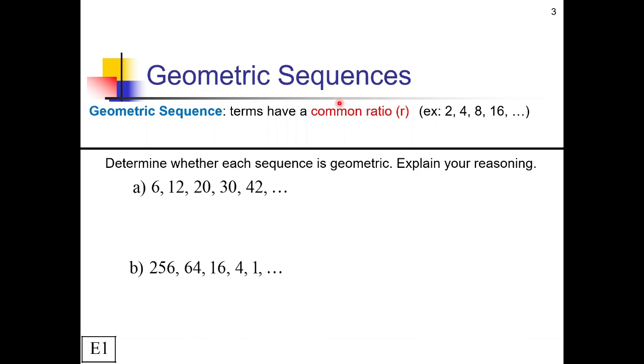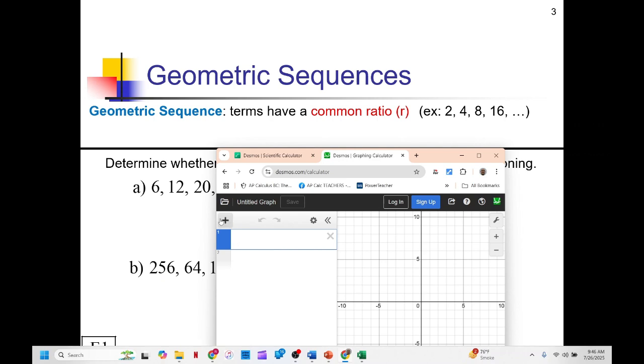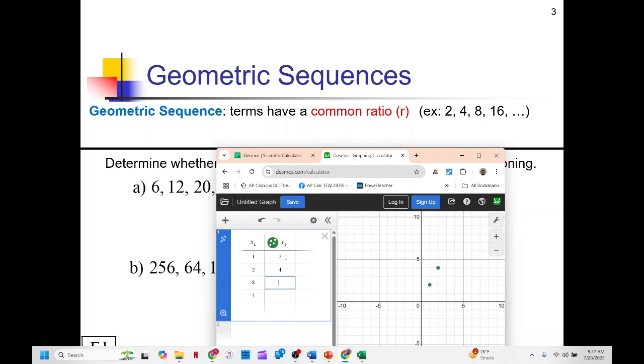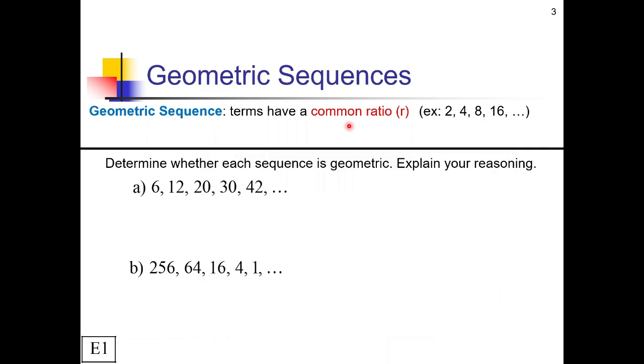Now, if we graph what this looks like on Desmos, just to see, let me make a table. So let's see, we've got the n values 1, 2, 3, and 4, and we have the terms 2, 4, 8, and 16. If you do a fit on this one, and see what the shape is, this is your exponential curve going on here.